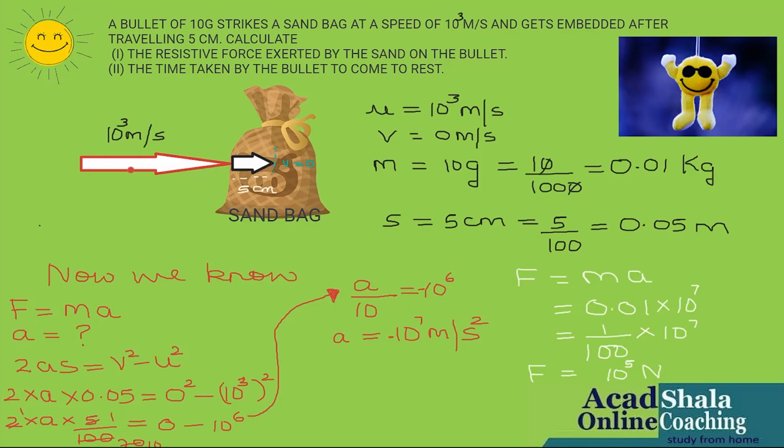Now students, when the bullet was getting embedded in the sandbag, the sand also must have exerted some force, that means the resistive force. Of course, it's very true. And we have to take out the resistive force exerted by the sand on the bullet.